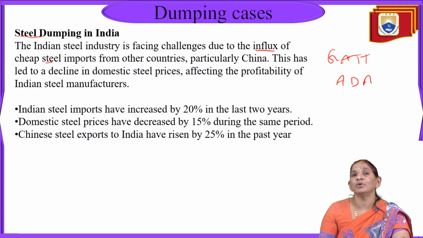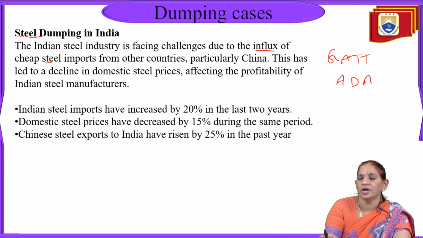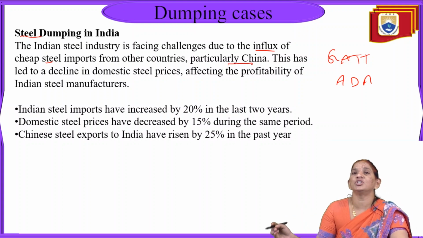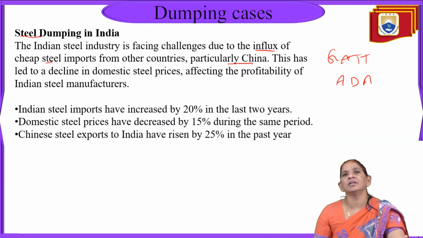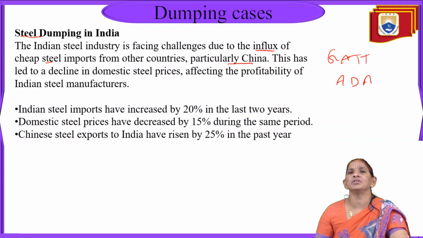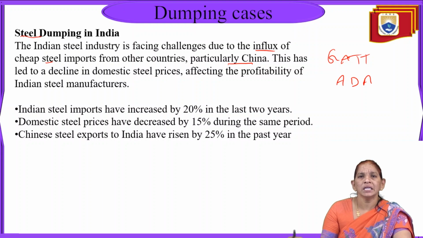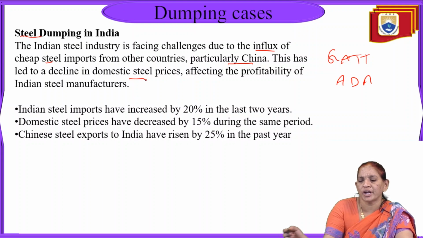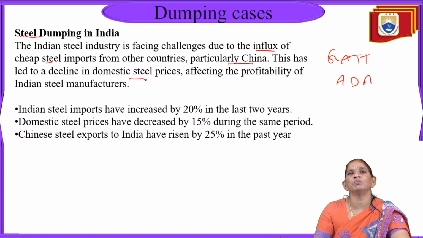Particularly, we have a largely dominant supplier of iron and steel, China. For the last decades before 2020, India has been importing a large amount of steel from China, and this has led to a decline in domestic steel prices, affecting the profitability of Indian steel manufacturers.